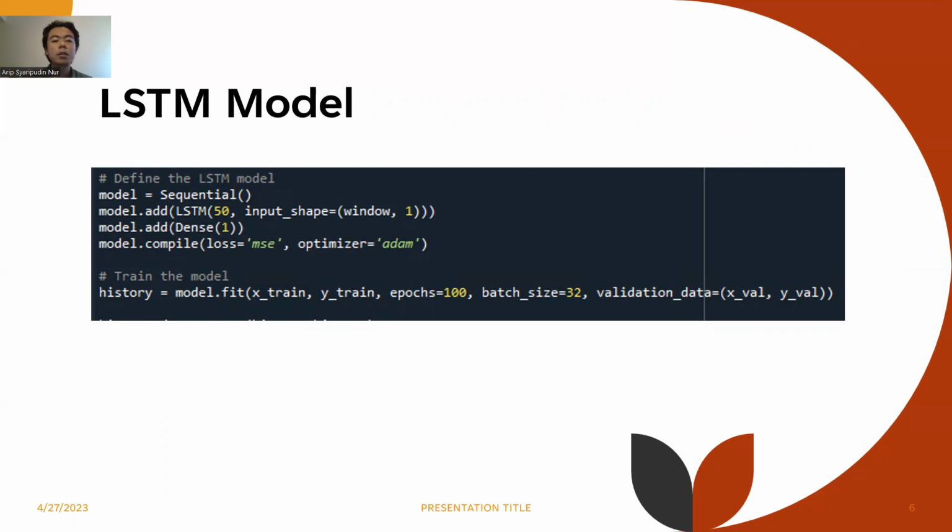And then for the loss function, I use MSE or mean square error, and using the Adam optimization. For the epochs, I use 100 to find the best model, and with batch size 32. And for the fitting, we use the train and the validation dataset.